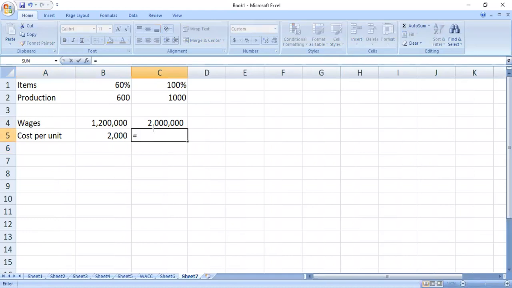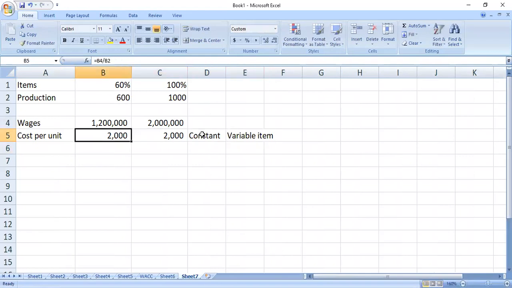We can confirm. So say this divided by that. Okay. So where the cost per unit is constant, as you can see, it's the same on both occasions. We're saying this is a variable item. But the total cost changes with the level of activity. All right. So that is for wages.